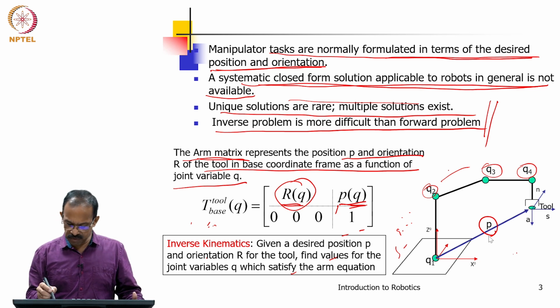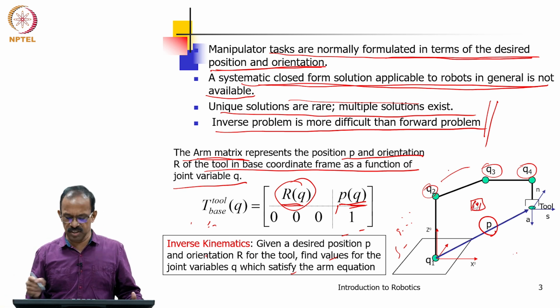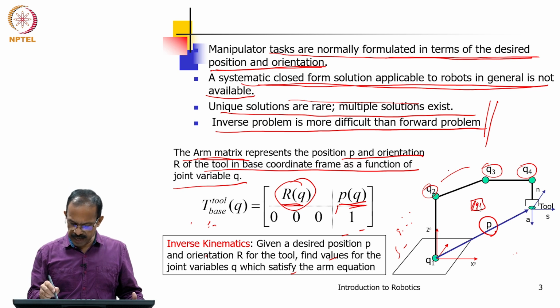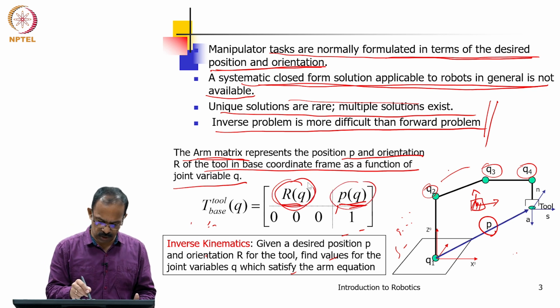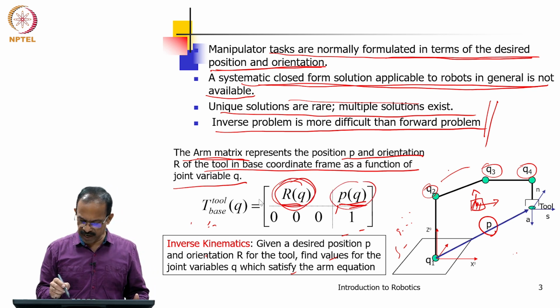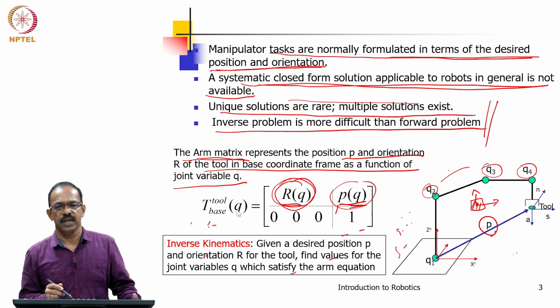Suppose this P is given to you, this is the point I want to reach, and I have an orientation like this. If this P and this R(Q) are known, how can I find the Q corresponding to this P and R? That is the inverse problem.